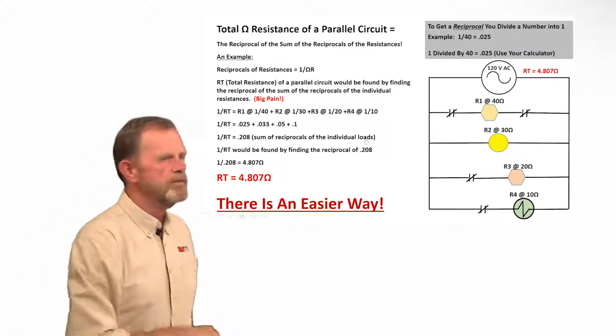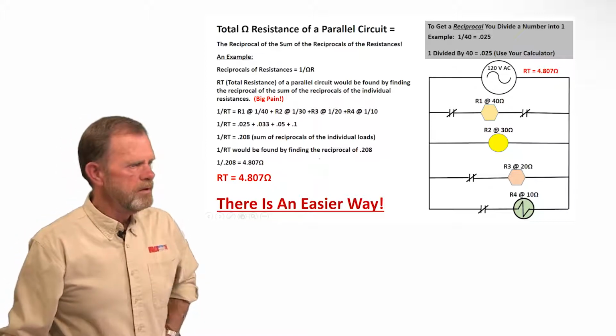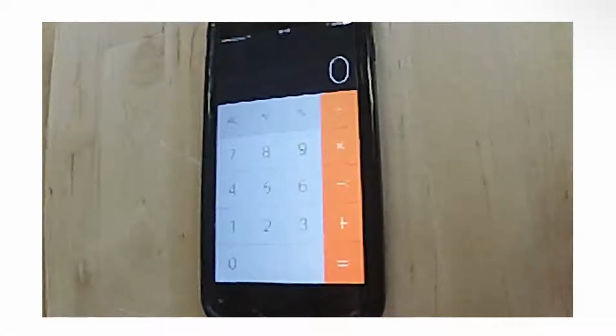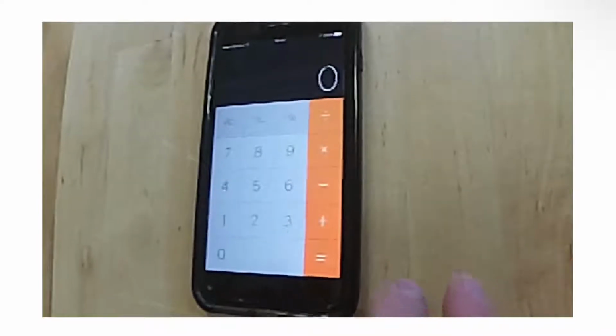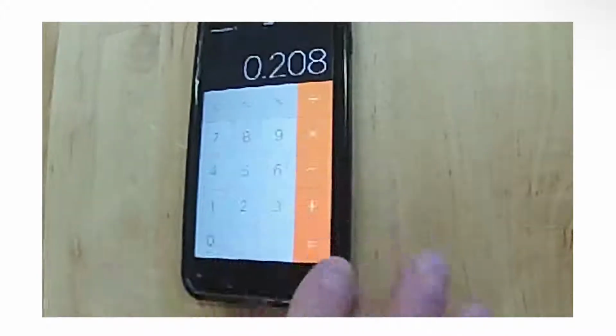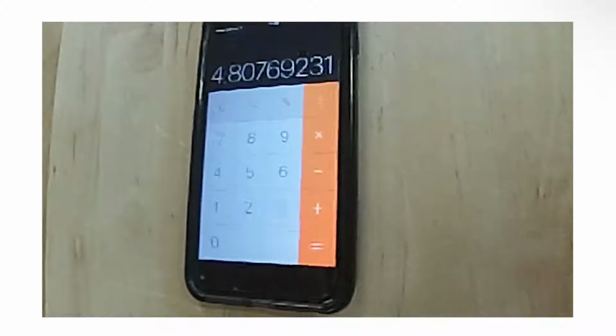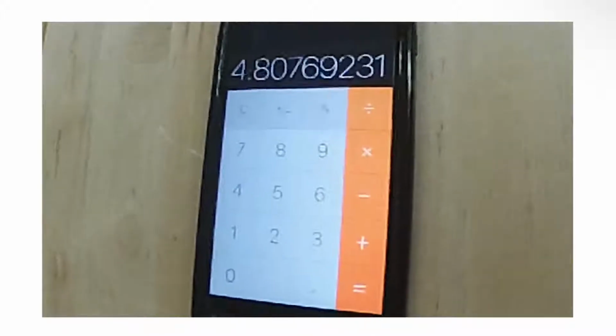And then, the big trick here is then I need to find the reciprocal of 0.208. We're going to go back and find the reciprocal of 0.208, so it would be 1 divided by 0.208 equals, there you go, 4.80769231.